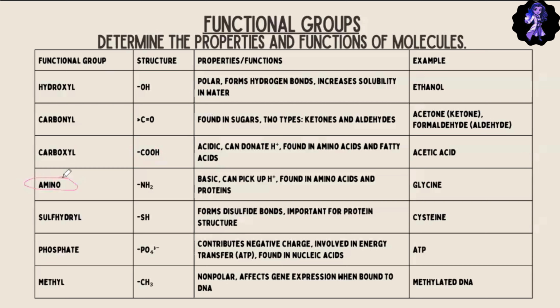Another example is an amino group. An amino group can be considered very basic, and the way that I like to remember it is it often has a nitrogen attached to it. And usually when you have a nitrogen attached in any molecule, it indicates some sort of protein. Oftentimes it is in a really giant molecule. So it's helpful to recognize that.